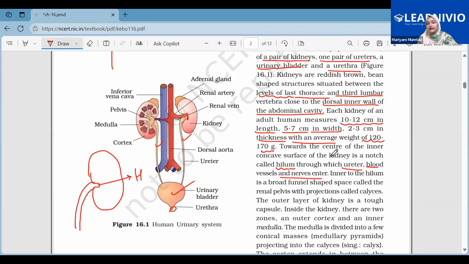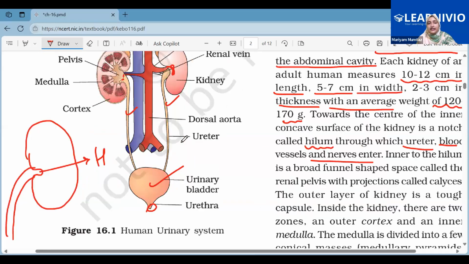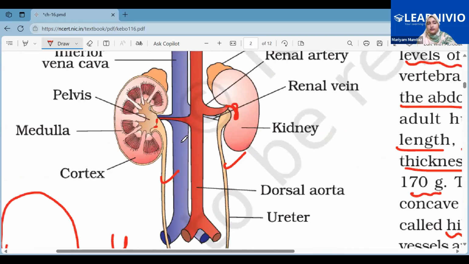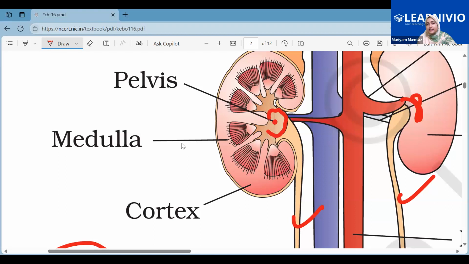Now, inner to the hilum is a broad funnel-shaped structure, which we call the renal pelvis. If you see in this diagram, when you move inside the hilum, right in the middle, this wide funnel-shaped portion is called the renal pelvis.